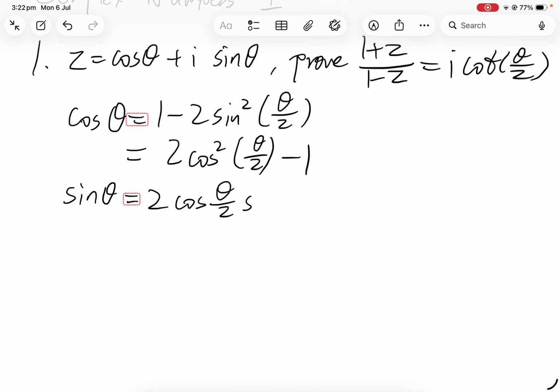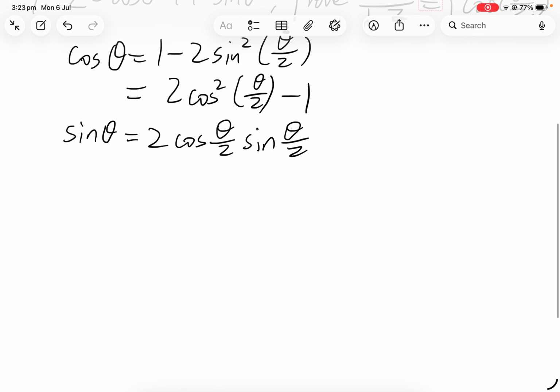These formulas came from the half angle formulas, but we rearrange them to find what cos theta is, as the answer has theta over 2 in it, and this is the best way to get those.